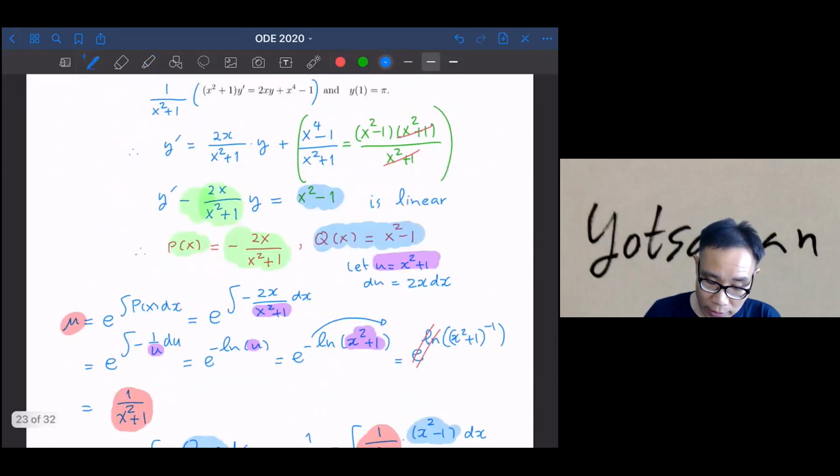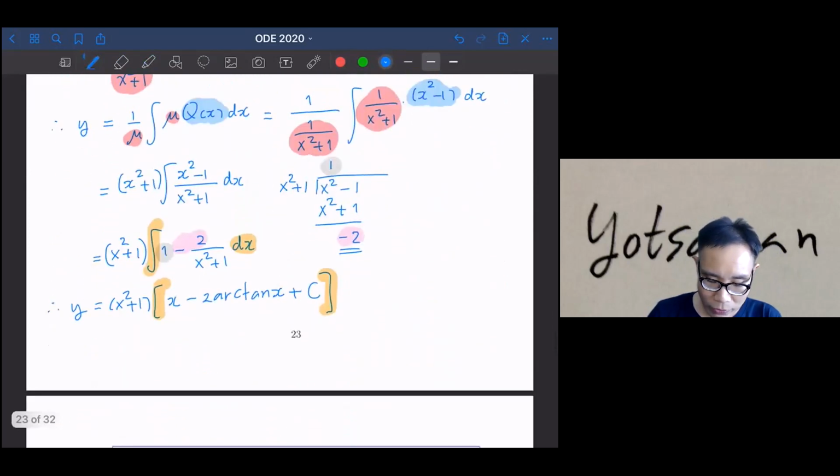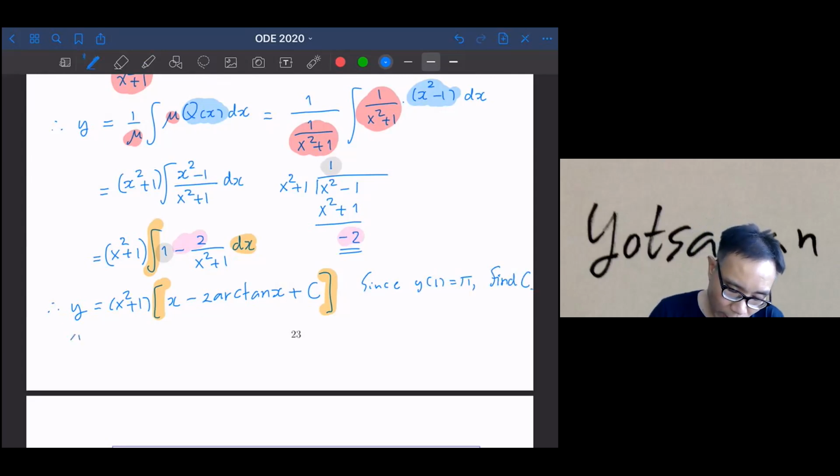The next thing that you have is y(1) equal to pi. Since y(1) equals pi, we're going to find c by putting pi here, and this will be 1 squared plus 1. Be careful on the calculation a little bit.